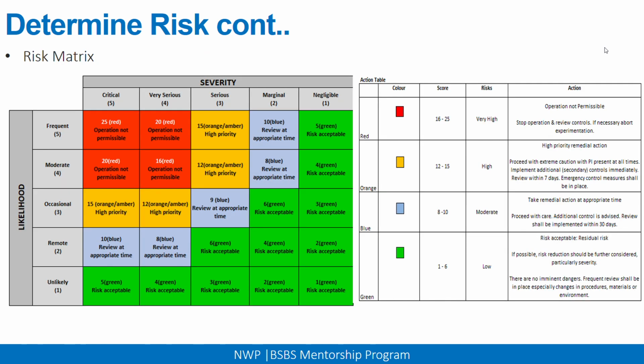All right, so we've looked at the various factors that affect likelihood and consequence a bit in detail. Now in this next part, we'll look at how you determine your likelihood, and how you interpret your likelihoods and your severity, so that you now have your risk determined.